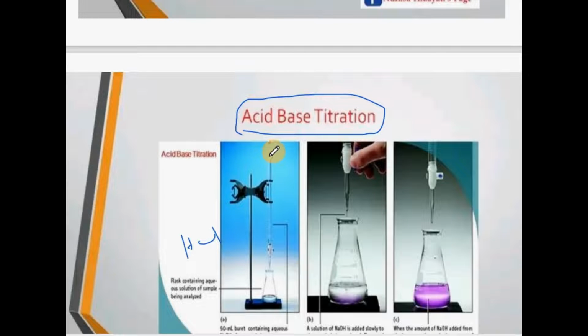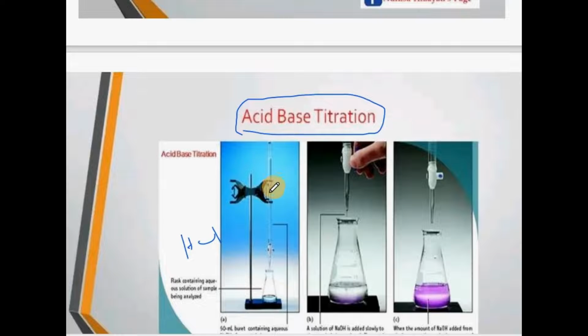So the volume which was able to reach the equivalence point is 20. That 20 is what we mean by the titer value. The difference between the initial volume and the final volume is 20, and that becomes the titer value. That is the volume of the titrant that is needed to neutralize a known volume of what? The analyte in the flask.